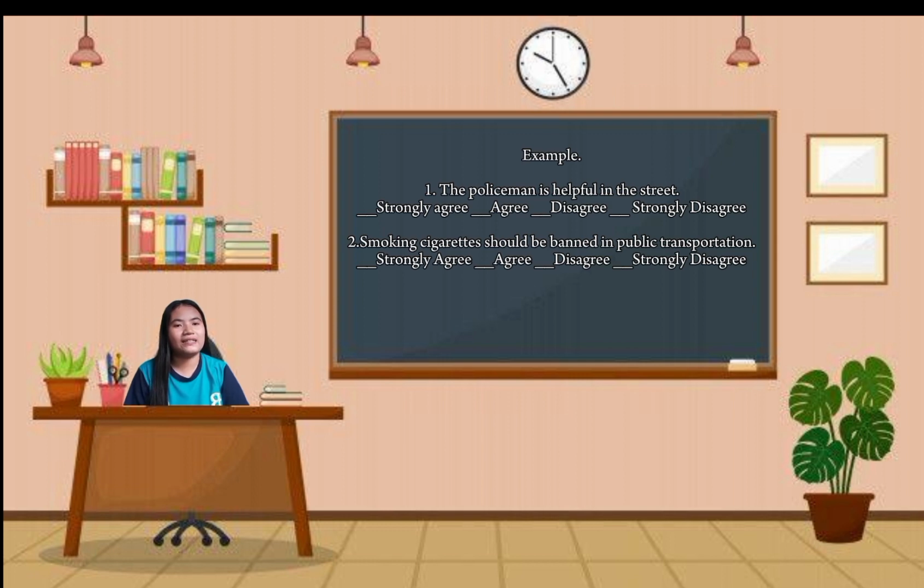So, ilalagay lang natin dito kung strongly agree ba siya, agree, disagree, and strongly disagree. So, the third example is smoking cigarettes should be banned in public transportation. So, ganun lang din yung gagawin natin. Tutukoy lang natin siya kung strongly agree, agree, disagree, and strongly disagree.